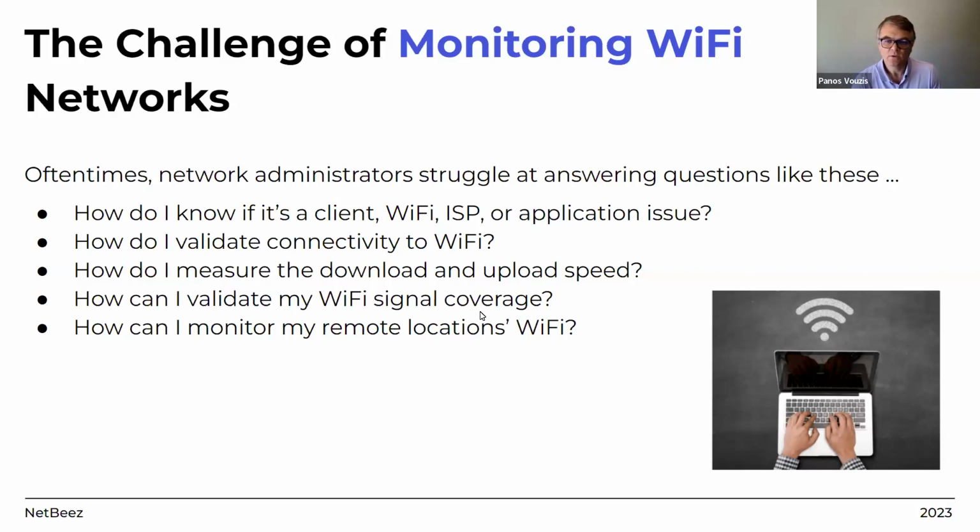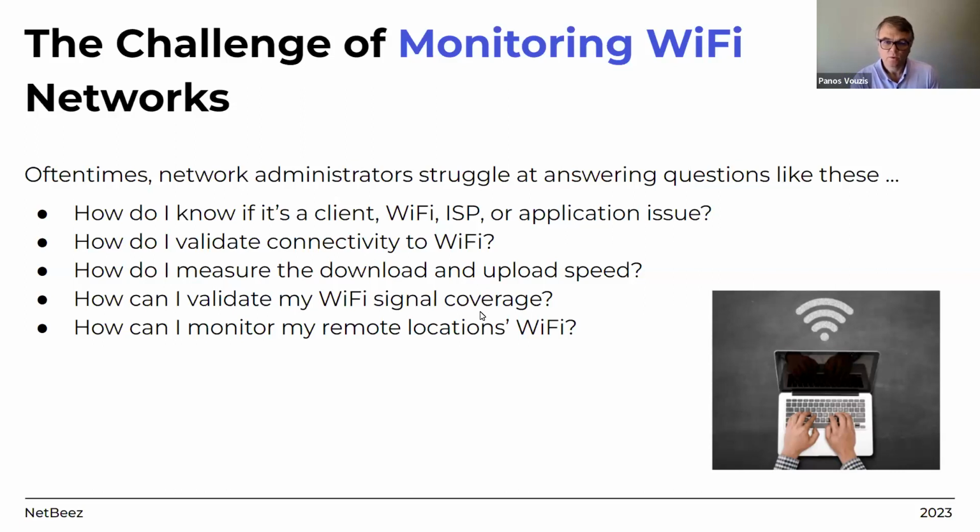Of course, there are many ways to do that, also from the controller standpoint and tools that each vendor offers. But in our case, we cover an aspect of the Wi-Fi experience that vendors cannot cover when they give information from the access point perspective.